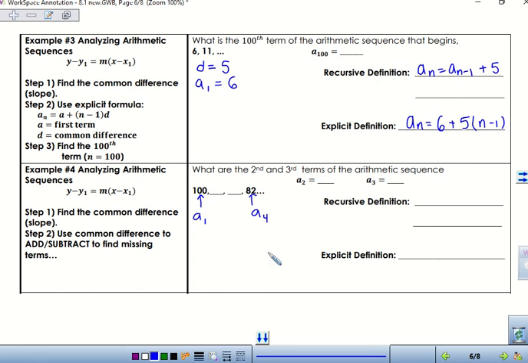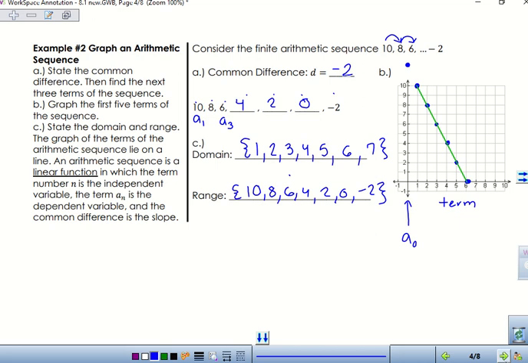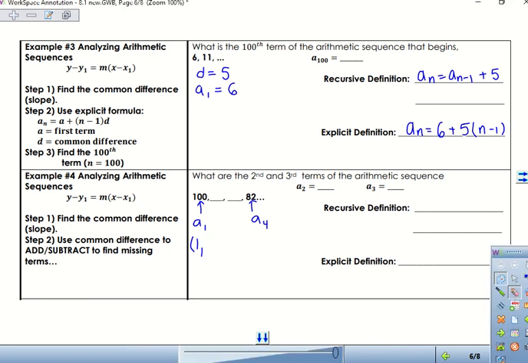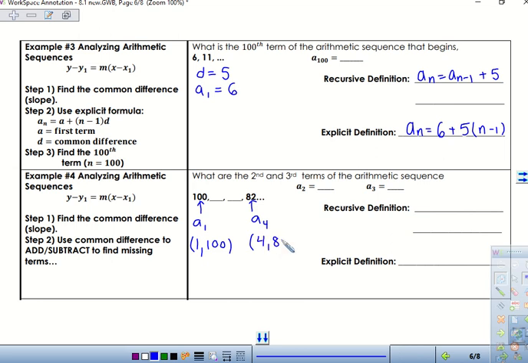Now, we know that any particular term in an arithmetic sequence represents a coordinate, like we talked about on the last slide. So what would be the x coordinate that corresponds with the 100? 1. I did that twice today with the 100, I messed it up, I don't know how. So 1 comma 100, and then what would be the coordinate that corresponds to this one? 4, 82. Good. So we know that common difference is essentially the slope of the line, right?